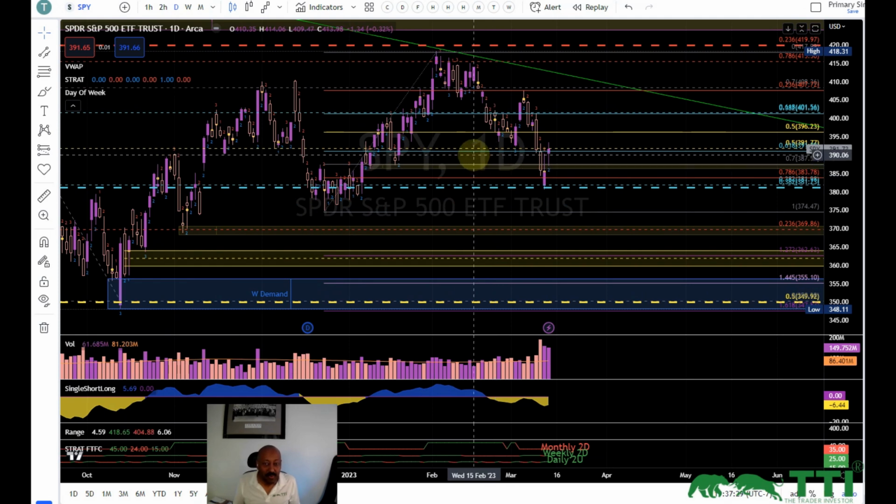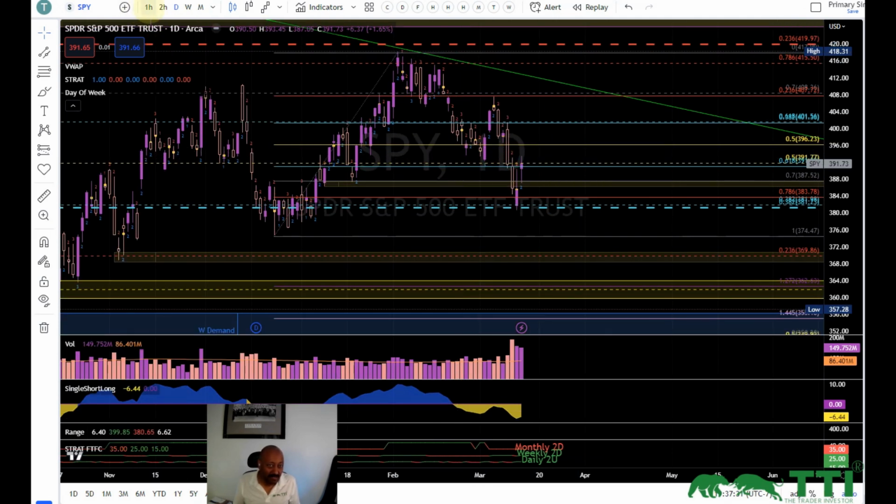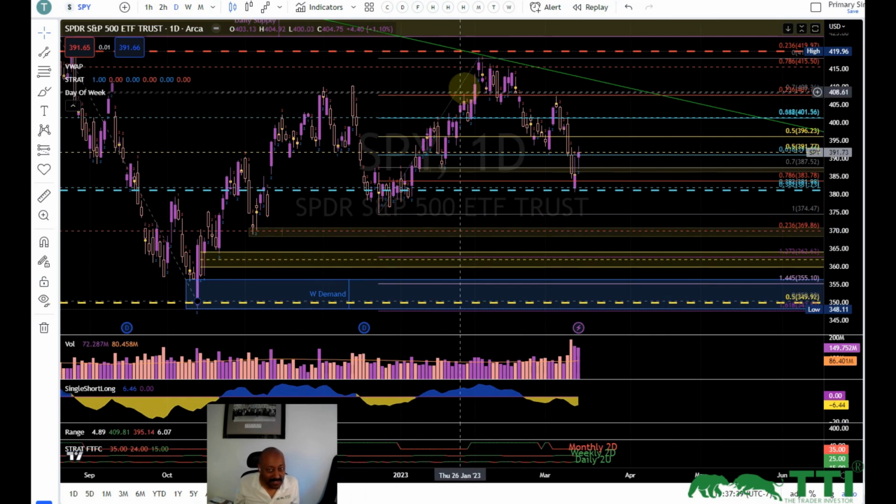So what position do we want to take in the SPYs? We know already, downward bias, short-term uptrend. And here's the funny part, is this retracement of the recent move up. We've gone below the 78.6. However, we didn't close below it. So this short term is still intact as far as uptrend is concerned.